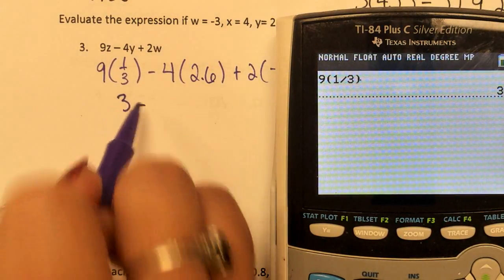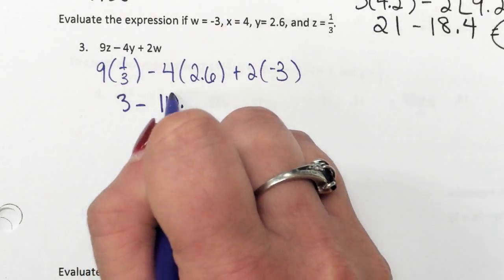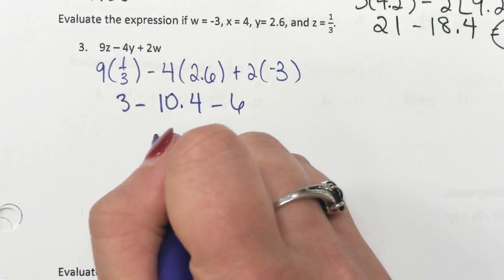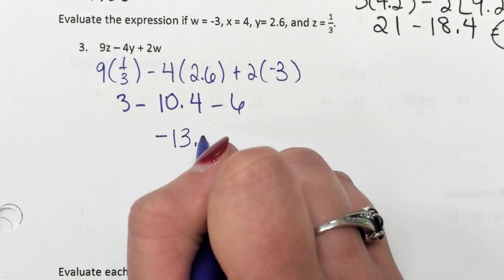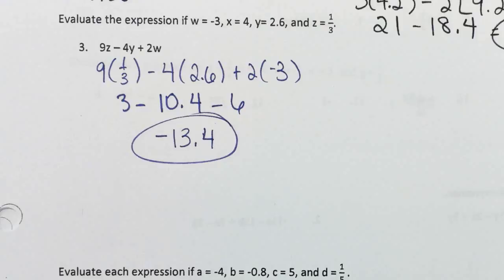And then minus, what was 4 times 2.6? 10 point what? 4. And then I'm not going to put plus because 2 times negative 3 is negative 6. And then once I get it to that point, I just all the way across plug it in my calculator and you get 13 point how much? 4. Very good. Y'all okay?